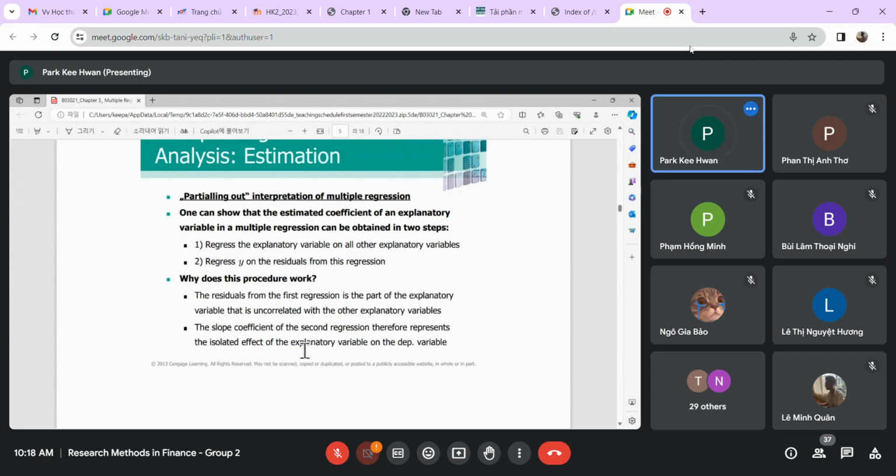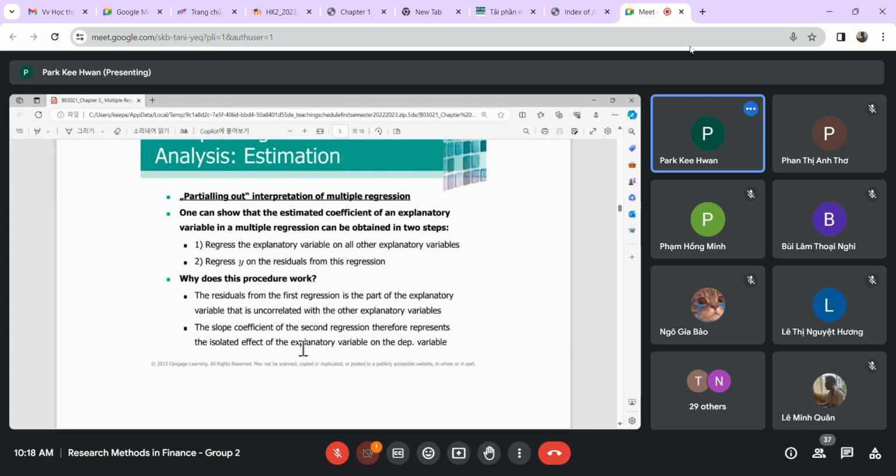In other words, it represents the isolated effect of high school GPA, the effect of high school GPA which is uncorrelated with SAT.